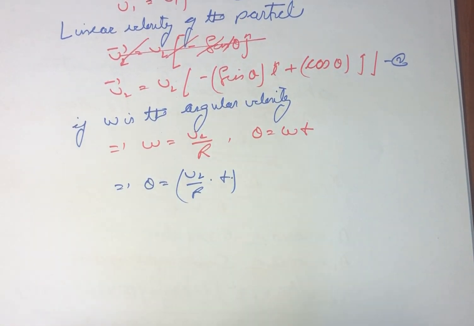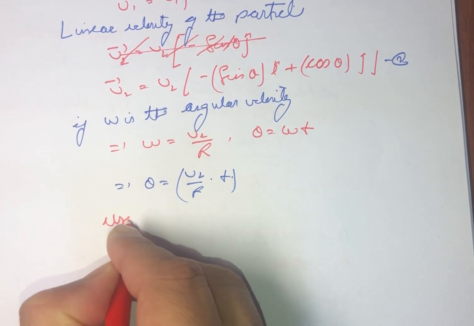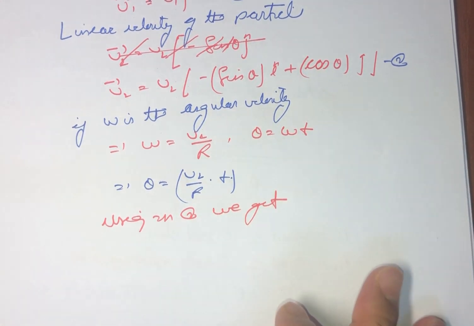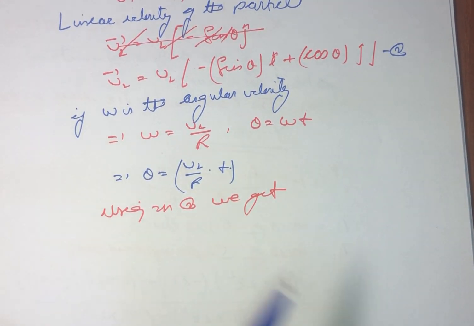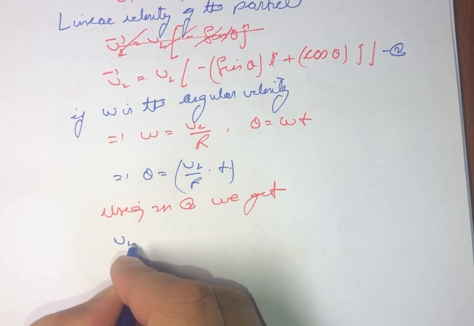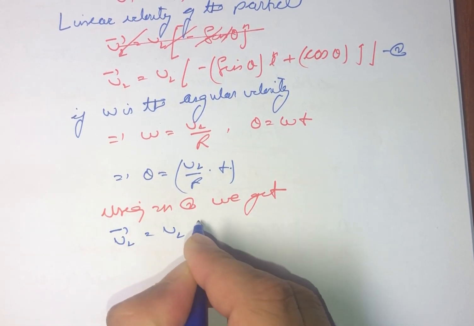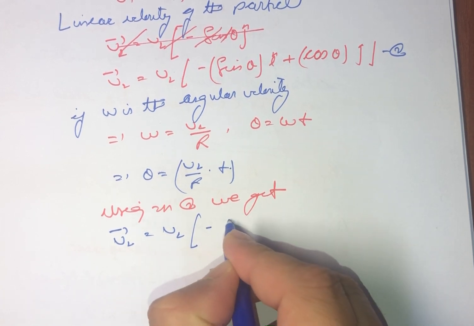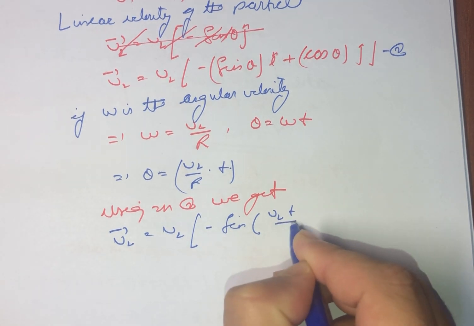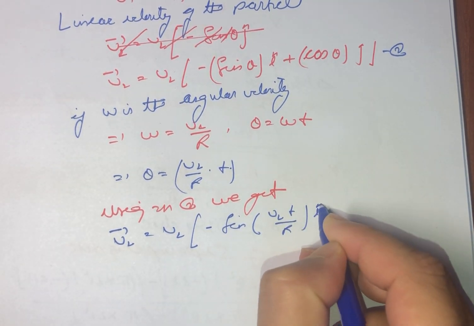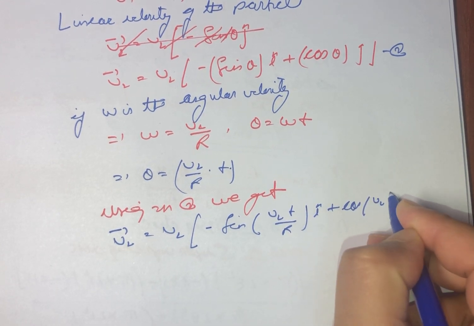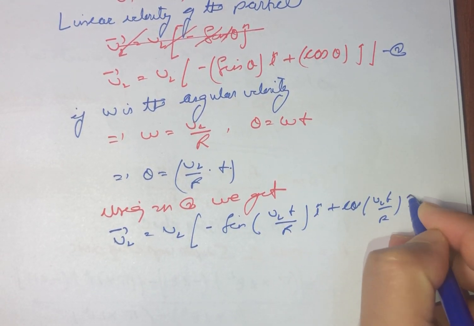Now using equation 2, we get v2 is equal to v2 times minus sine of v2t divided by r i vector plus cos of v2t upon r j vector.